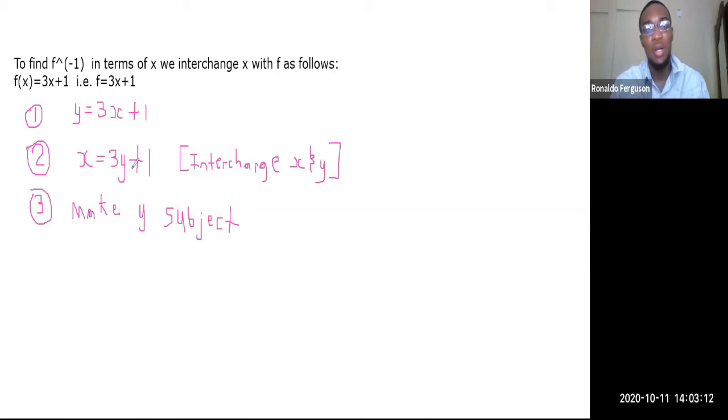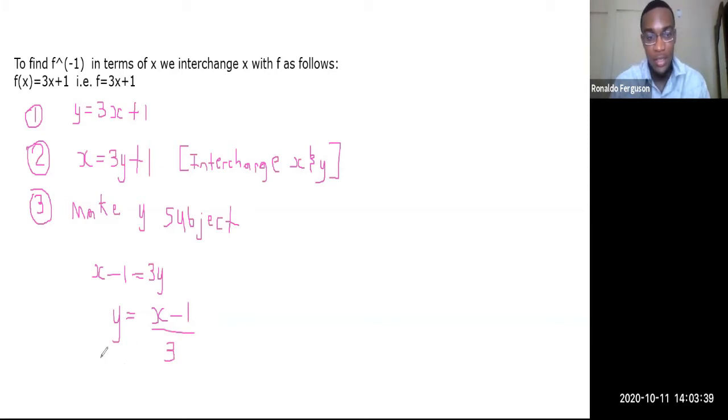So we have x equal to 3y plus 1. To make y the subject, we subtract 1 from both sides. So we get x minus 1 is equal to 3y. Then we divide both sides by 3 to get y equal to x minus 1 over 3.